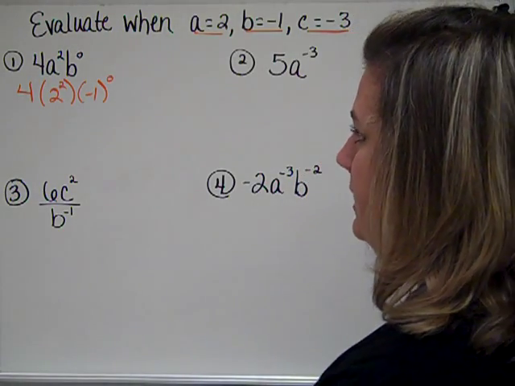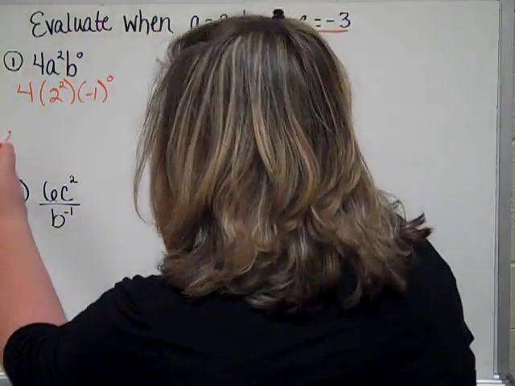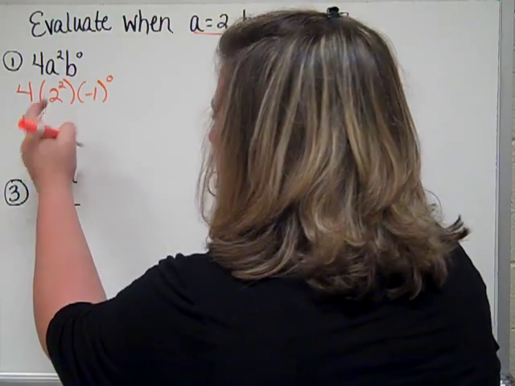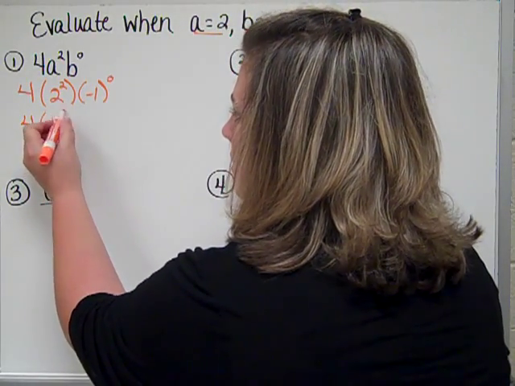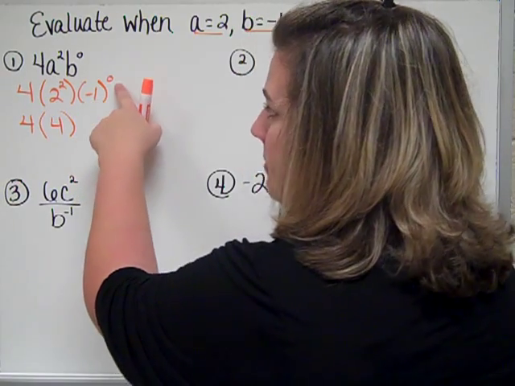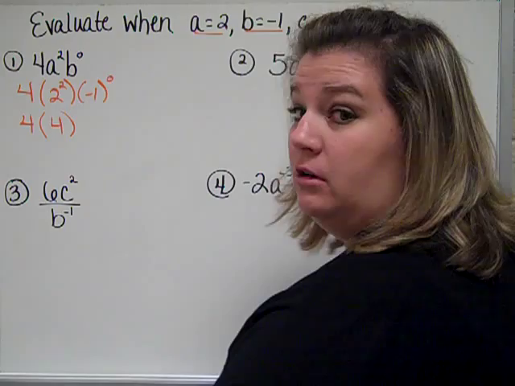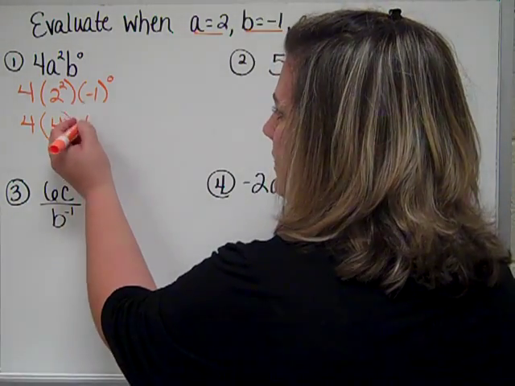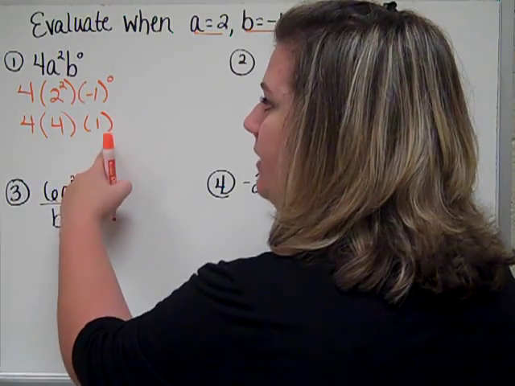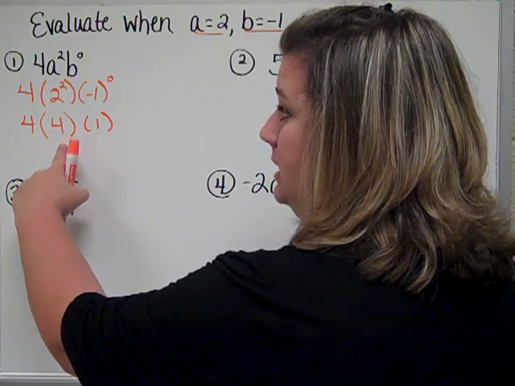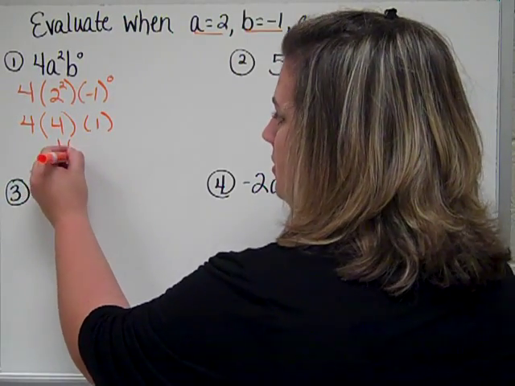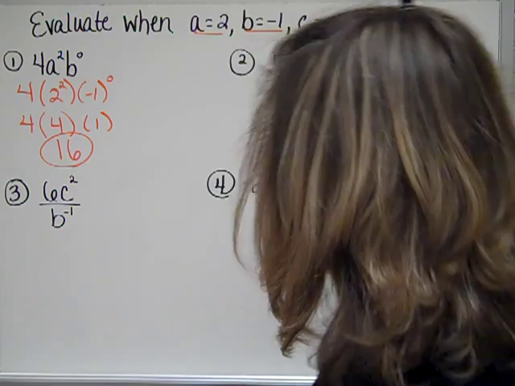Okay, so let's go ahead and work this. So we have 2 squared is 4, and here we have -1, but that is being raised to the 0 power. So we know the 0 power rule now, that equals 1. So when we simplify this, 4 times 4 is 16, times 1 is 16.